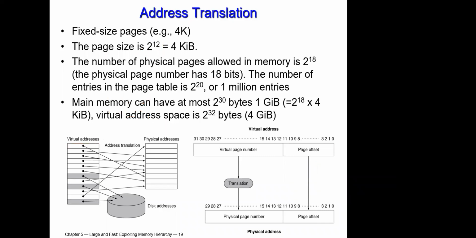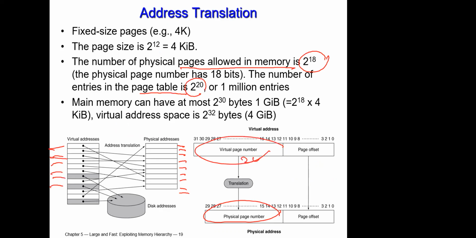The number of physical pages allowed in the memory is 2 to the power of 18, because this is what we mentioned here. So 2 to the power of 18 different floors here. The number of entries in the page table is 2 to the power of 20, because this part is 20, so the number of floors here will be 2 to the power of 20, or 1 million entries.